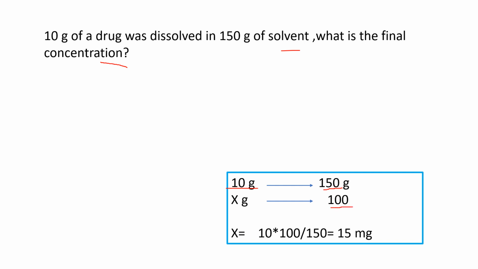The amount of drug in the 100 gram of solvent can be denoted by X, and we will be doing the simple cross multiplication. X is equal to 10 into 100 divided by 150, which is equal to 15 mg. So the answer is 15 mg.